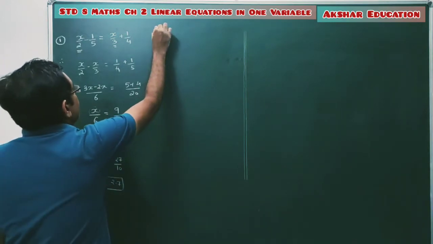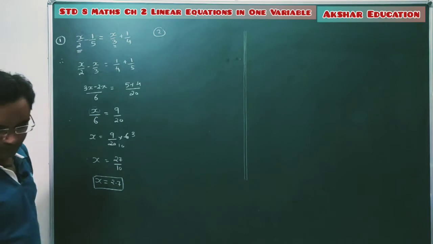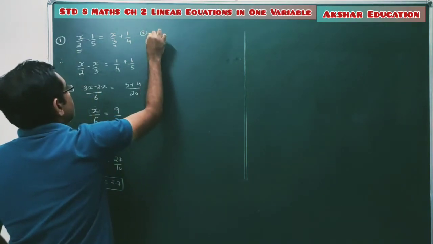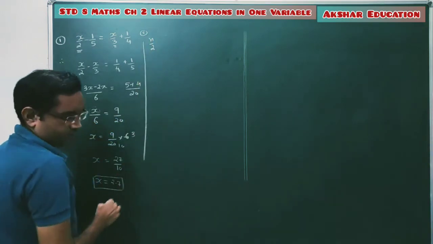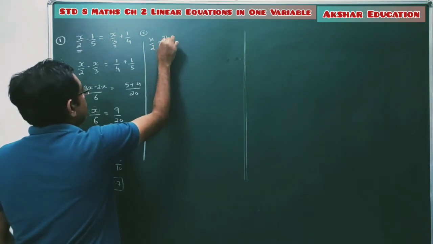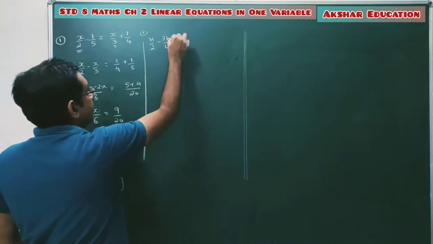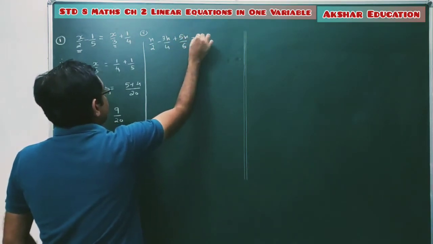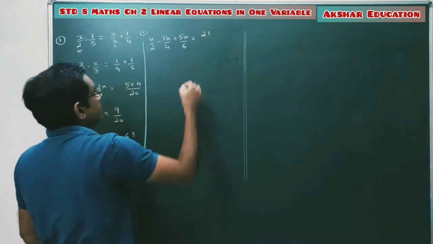Then question number 2, the second question. Here we are given that n by 2 minus 3n by 4 plus 5n by 6 equal to 21.